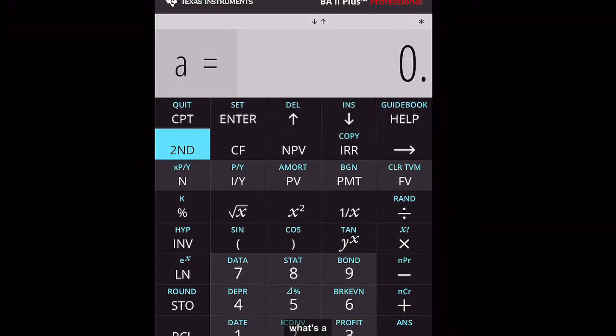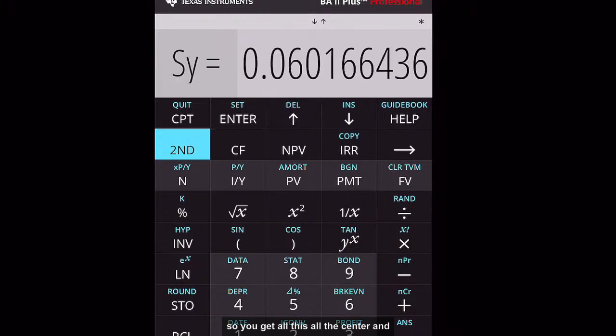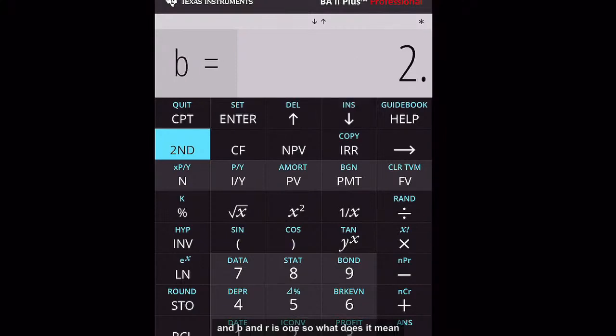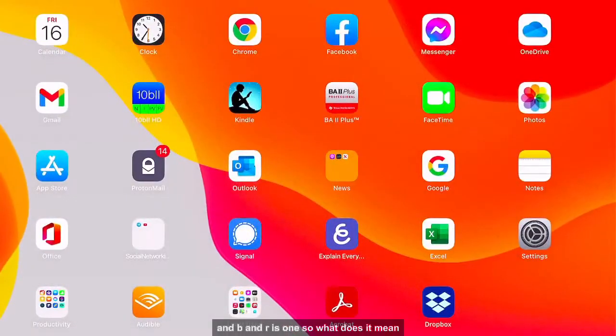What do these mean? What are A and B? So you get all the center and spread, mean and standard deviation, and then you get A and B, and R is 1. So what does it mean?